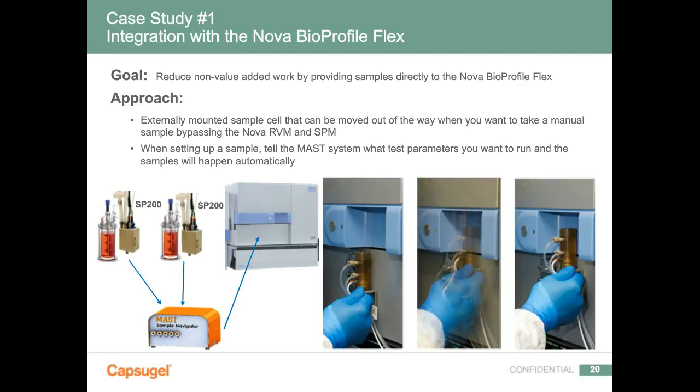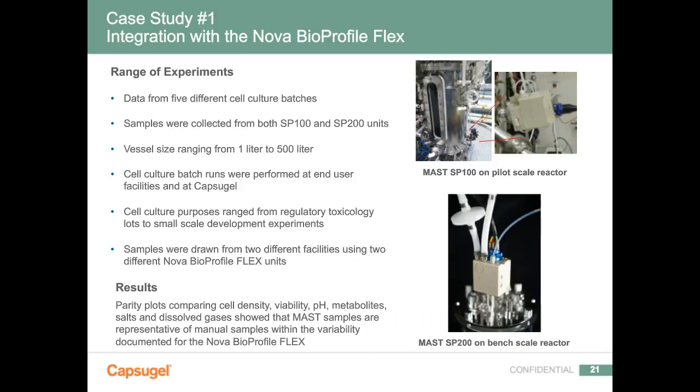In this first case study, we pulled data from 5 different cell culture batches, done under a wide range of conditions. Some of the samples were collected with SP100 units. We had vessel sizes ranging from 1 liter to 500 liters. Some of the batches were performed by end users, and some here at Capsugel.